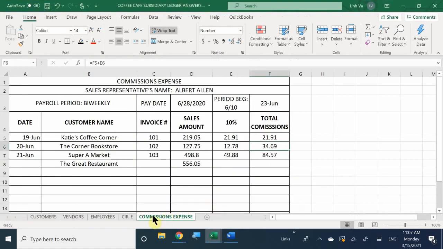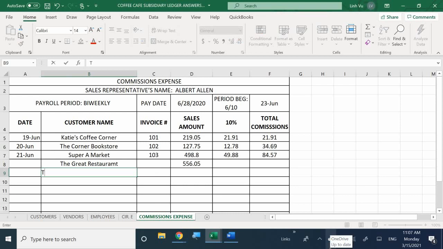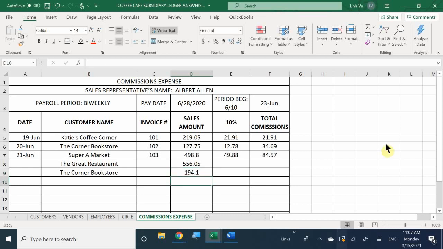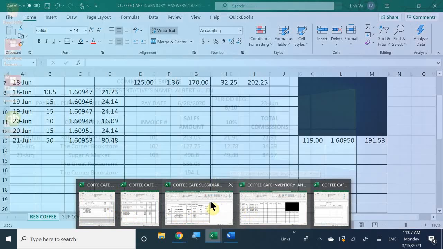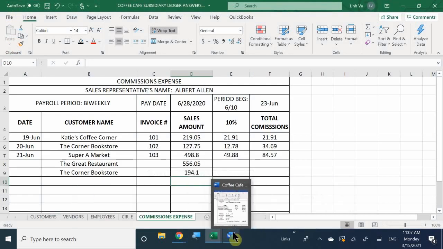Mm-hmm. So once again, we have the corner bookstore. Okay, for how much? I think 194.10. Okay, 194.10. Good. All right, and that's all we do.